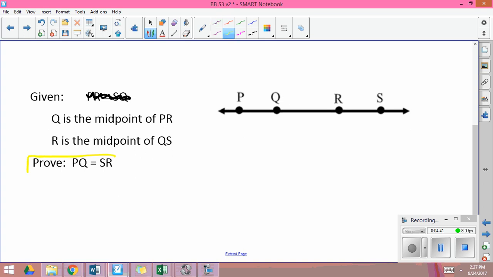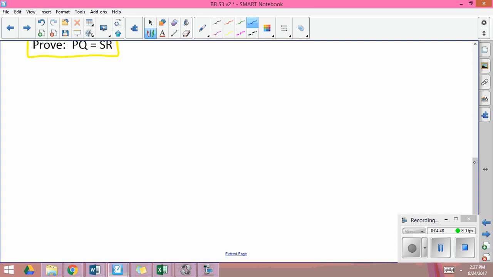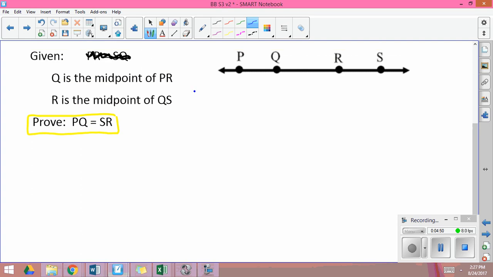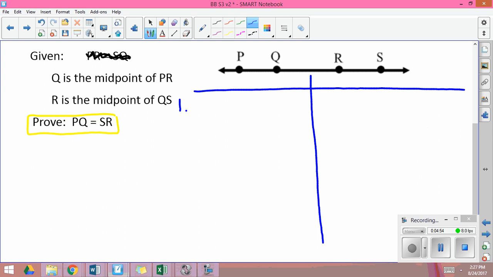We don't know this. This should be our very last line. So we always start with our given. Make my T-chart. I'm just going to write the given down. Q is the midpoint of PR. R is the midpoint of QS.